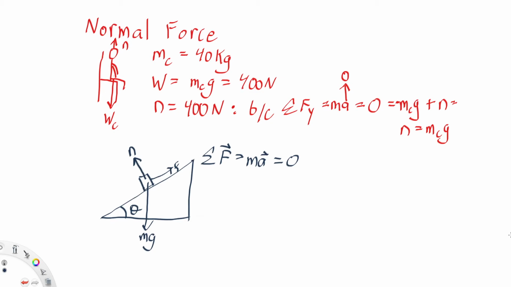That ends here. The simplest way to talk about this problem is actually to say that positive x is up the ramp, positive y is perpendicular to the ramp.